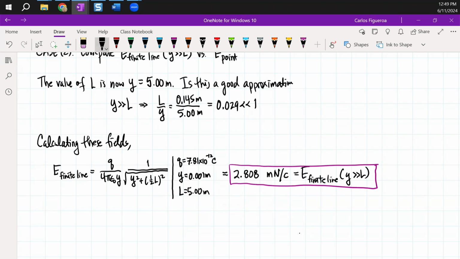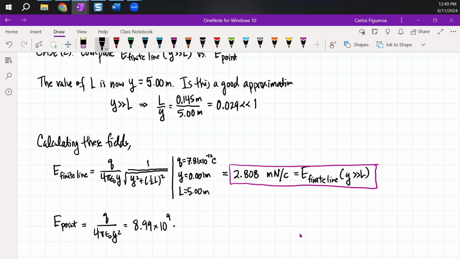So if I look at the point field, it now looks like this. The E of a point field is of course equal to q divided by 4 pi epsilon y squared. Because this is a new calculation, I will do it. So this will be 8.99 times 10 to the 9. Remember, I'm dropping the units.